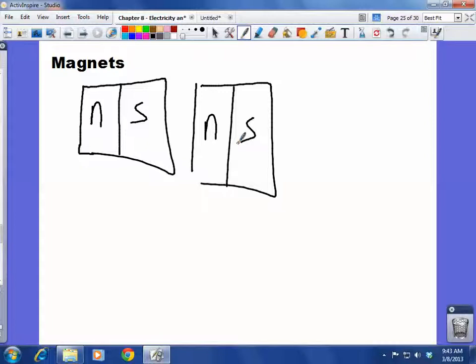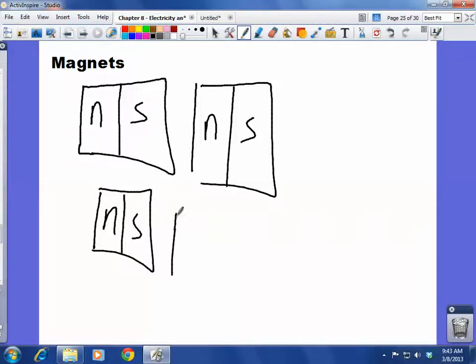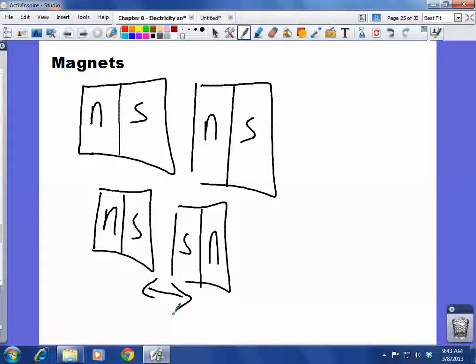At the same time, if I flip this around so that I have two souths next to each other, there's going to be repulsion. Good, easy enough.